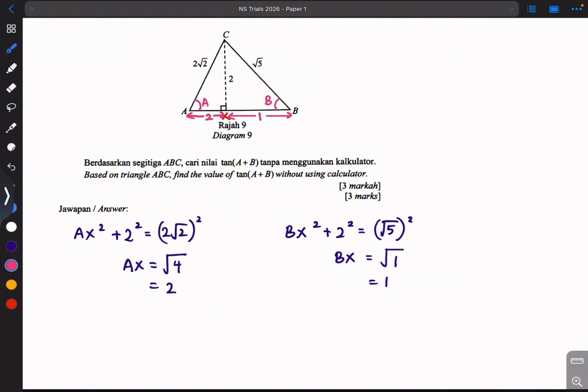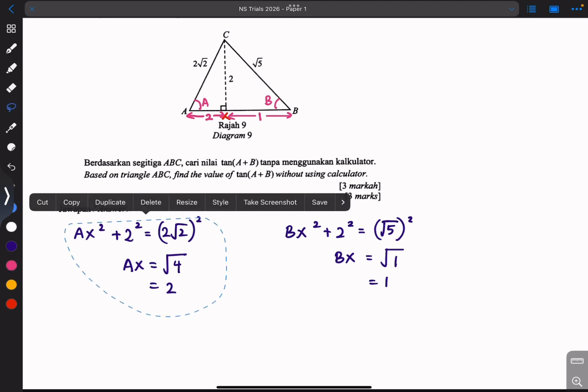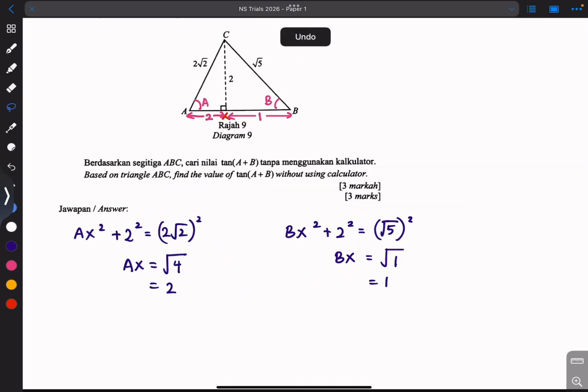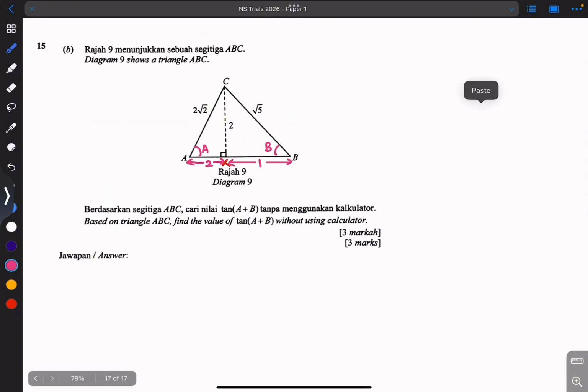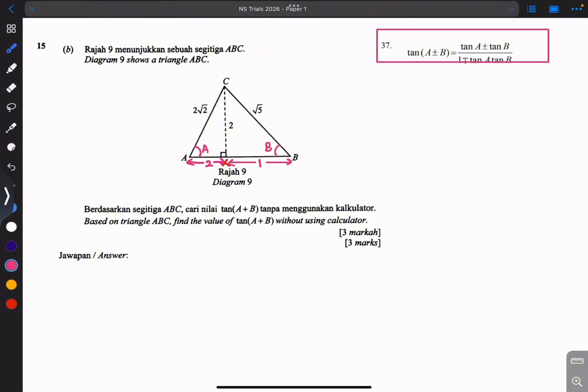Okay, so once we are done with that, we can try to solve the value of tangent A plus B. I just erase this, this one we don't need. The formula for tangent A plus B we can find from the formula sheet in front. This will be our formula.